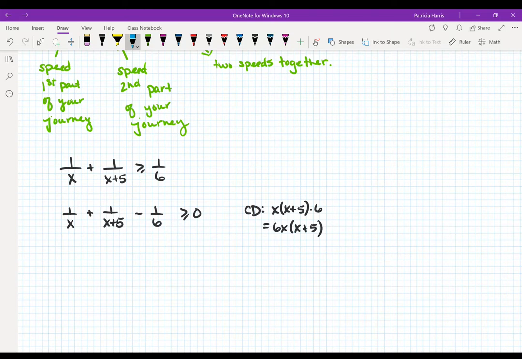So first fraction, I'm going to do a lot of color coding here, so it's going to take me a bit to write.